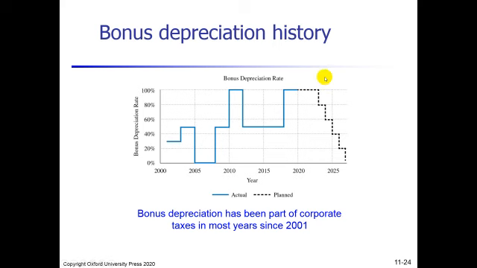Now, what this timeline shows is historic bonus depreciation, and then it also, in the dashed lines, has some forecasted bonus depreciation. Your textbook was written in 2020 with the most up-to-date information that was available last year. I can tell you that in 2021, we are still in this 100% bonus depreciation. However, with the way the Tax Cuts and Jobs Act was written, there is a sunset period for this. Now, this is not to say that this is actually what will play out.